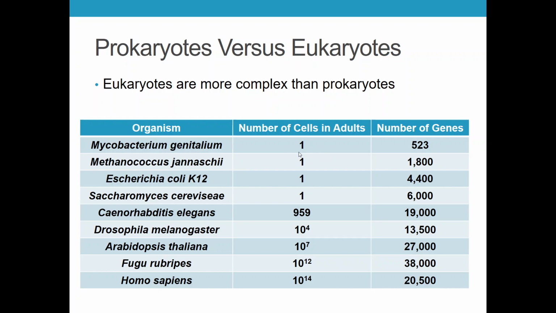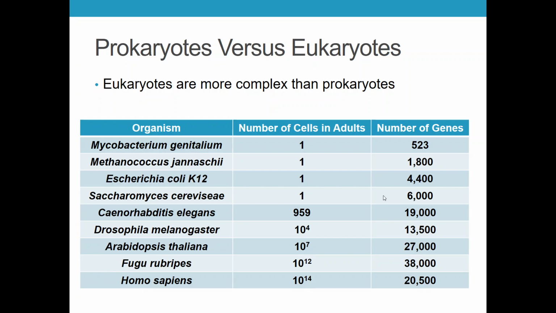I'll point out here, you've got Mycobacterium, an archaeal bacterium, and E. coli shown right here, which are all single-celled organisms, and they have approximately 500 to almost 5,000 genes for each of these. Now, if you look at the next example, Saccharomyces cerevisiae, baker's yeast, it's also a single-celled organism, but it is a eukaryote, hence the reason it is used as a model organism for human questions.